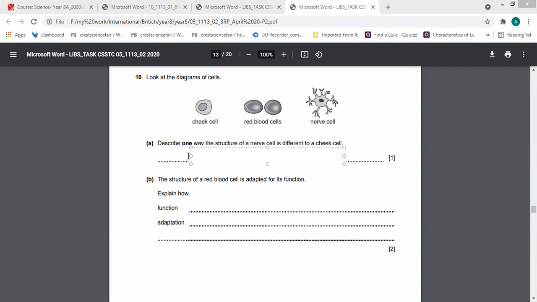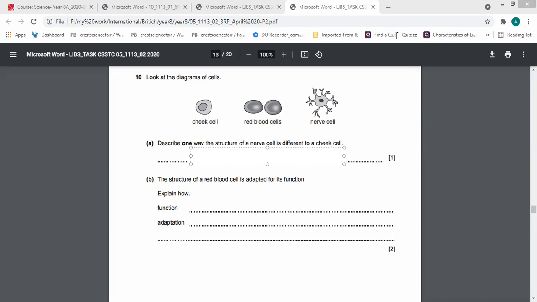I don't think so. But we can also say that the nerve cell is not shaped in a circle. You mean it is not a round shape, right? Yes, right answer. And they have a large surface area, right? And we can say it has more extensions.